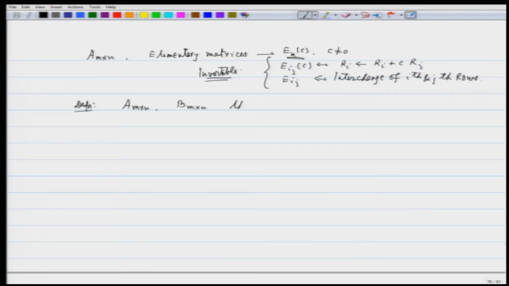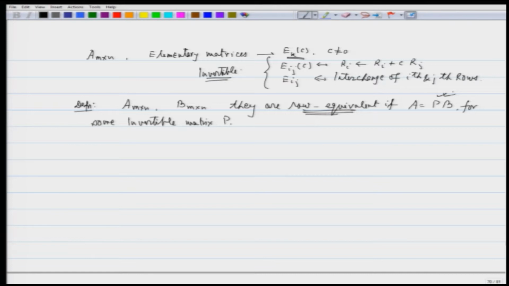So, they are row equivalent if A is equal to P times B for some invertible matrix P, all right, fine. So, the idea was that row equivalence played an important role for us, and we got it through the invertible matrix P.